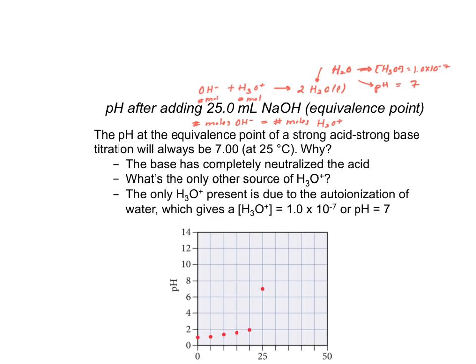So for any type of strong acid, strong base titration, the pH at the equivalence point is always equal to 7. Again, because at the equivalence point, the only thing that's left in solution is water, and water has a pH of 7 due to its autoionization.